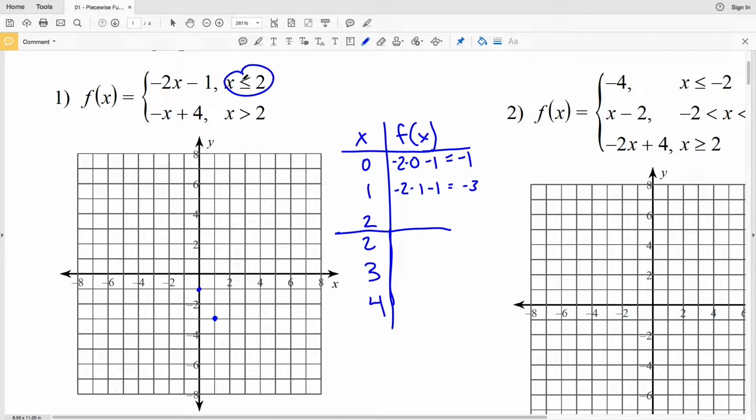And then lastly, this value is included. I'm going to plug in 2. So negative 2 times 2 minus 1 is negative 4 minus 1, which is negative 5. So when I'm at 2 in the x, I'm at negative 5 in the y. So I'll go ahead and draw that line, stopping and including that point, 2, negative 5.